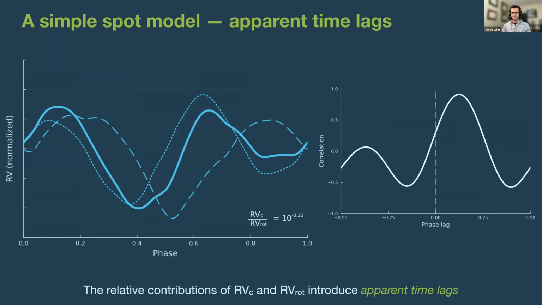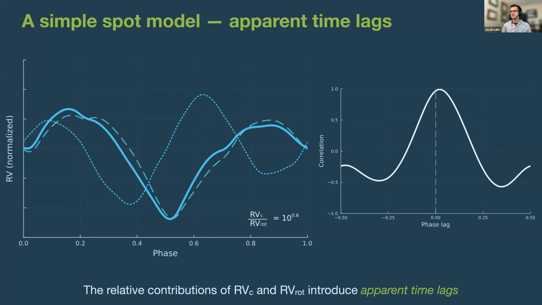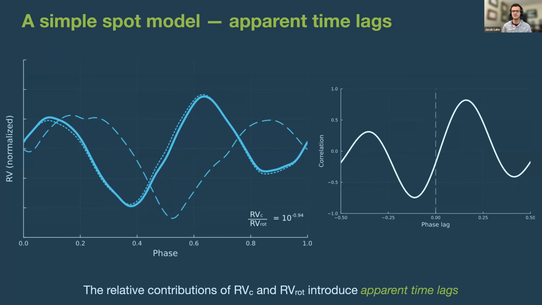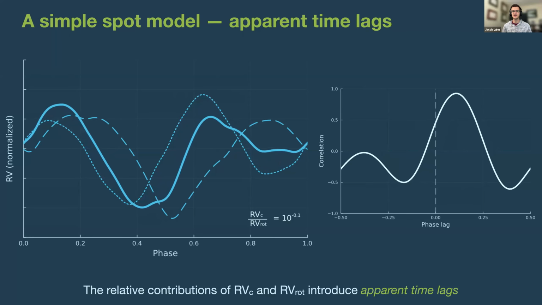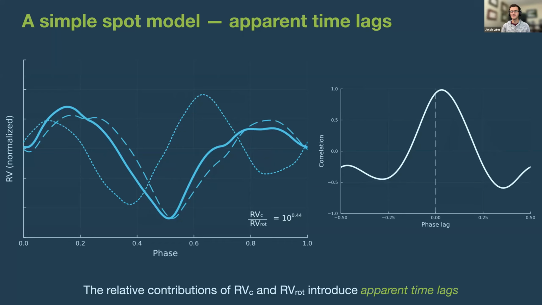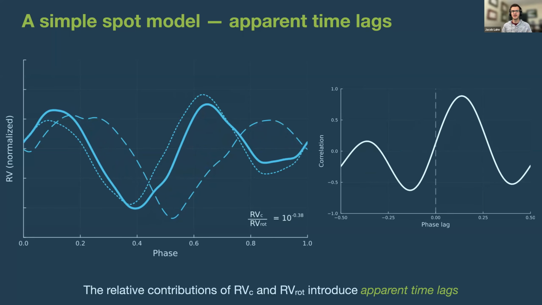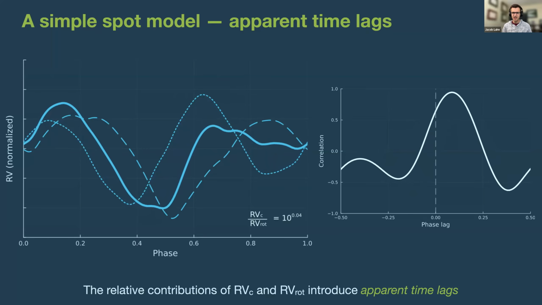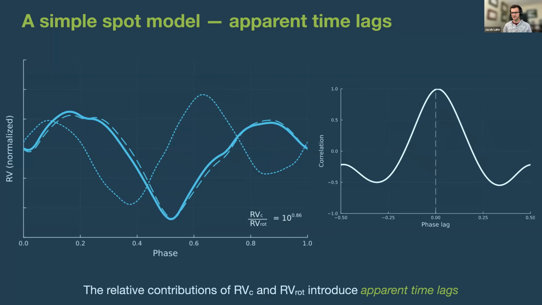And so again, these are apparent time lags. So there's nothing too astrophysical we can pull out of them, especially considering the degeneracies, as these amplitudes depend on things like the overall net convective blue shift of the star, which is very difficult to measure, the equatorial velocity, the spot contrast, a lot of different parameters here.